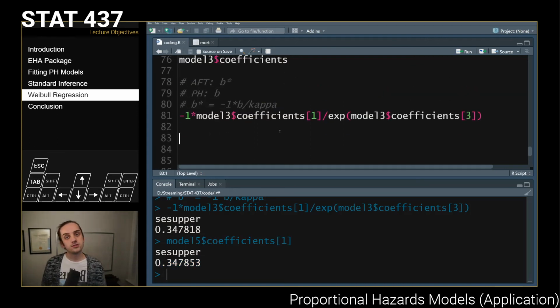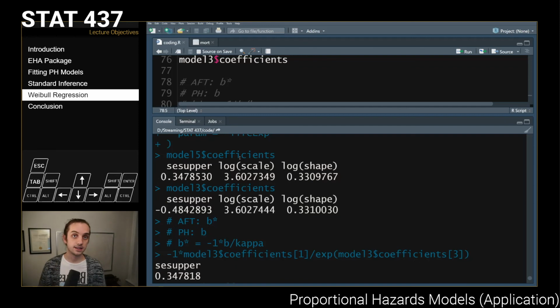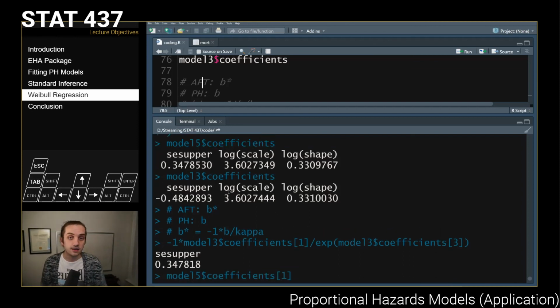Now, when we also talked about the accelerated failure time method, I had talked about using an intercept and had indicated that in the proportional hazards model, we don't use intercepts, and that's because it would get caught up in that baseline hazard. So when we use EHA to fit, instead of fitting an intercept, they give us this log scale term here, right?